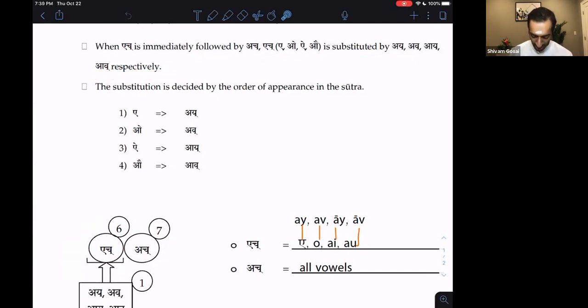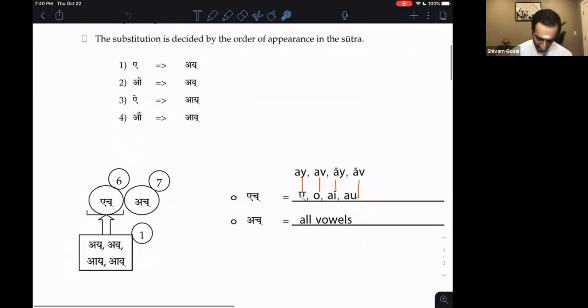All right, so what are we talking about? This chart right here will help us, okay? When I have ec, now what is ec? Ec is our diphthongs. E, o, ai, au. It's also right here. E, o, ai, au. Okay, so when I say ec, don't think I'm thinking of like H for Houston. I'm not saying H for Houston. I'm saying ec for e, o, ai, au.